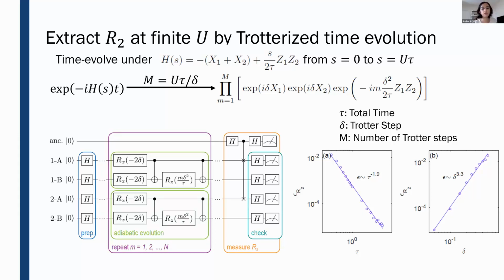The adiabatic theorem holds in the limit of infinite evolution time, but we're using a finite evolution time. So that's one source of error, and discretizing the time evolution is the second source of error. Great, thank you.